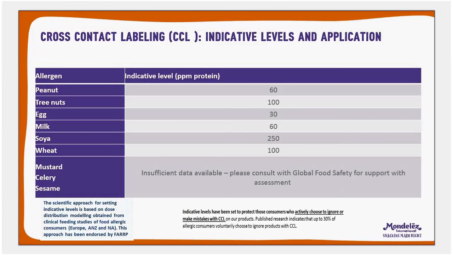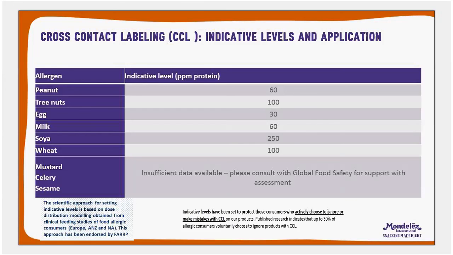The reason that we are setting indicative levels when we have cross-contact labelling, so we have may contain peanut, for example, and we are trying to limit how much peanut protein would be present with a may contain peanut warning, is because we know that some consumers who are allergic actively choose to ignore cross-contact labelling.